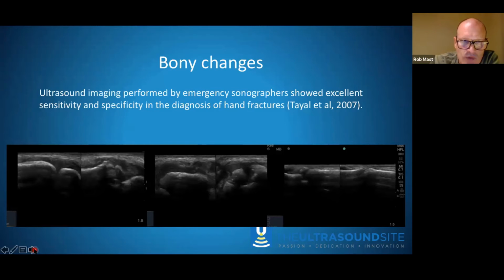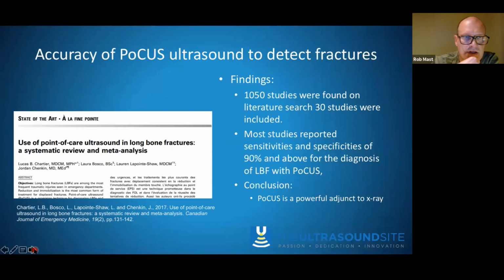So again, these quite sharp steps, and you see the fluid, and quite often the bleeding, etc., can be seen. But these ones are intra-articular, so then you get fluid because of that as well. Okay, and next slide.